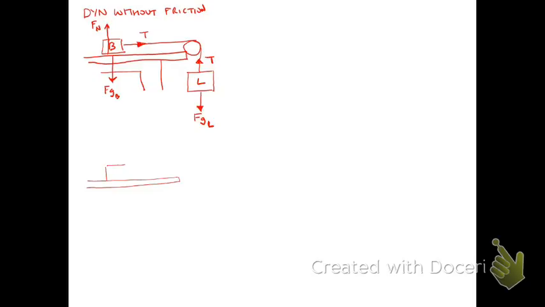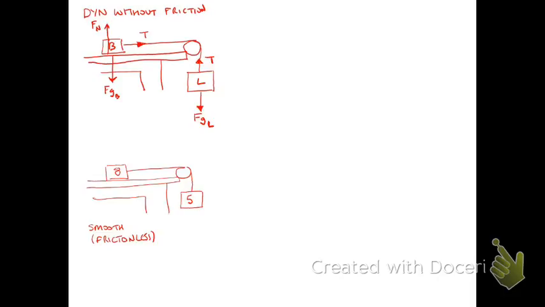So let's imagine that we have an 8 kilogram block, and let's make it a 5 kilogram load. And somewhere I've got to say it's a smooth table or frictionless. You've got to somehow get that across. It's a level table.